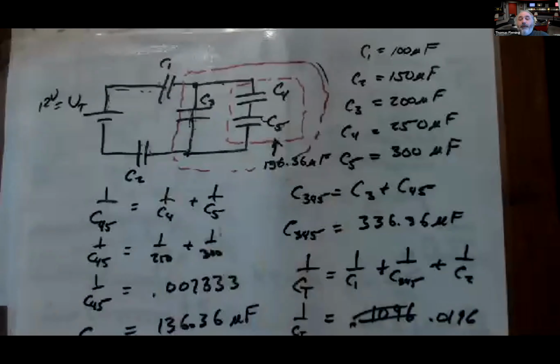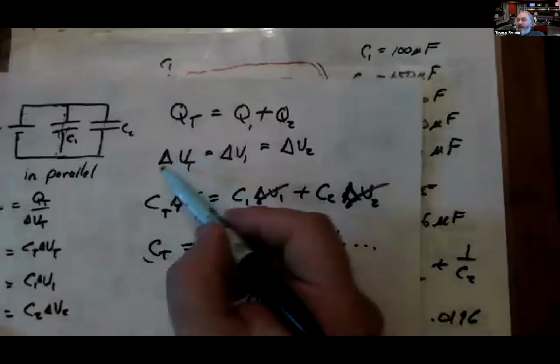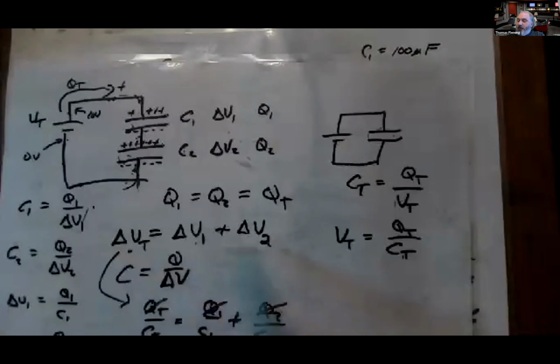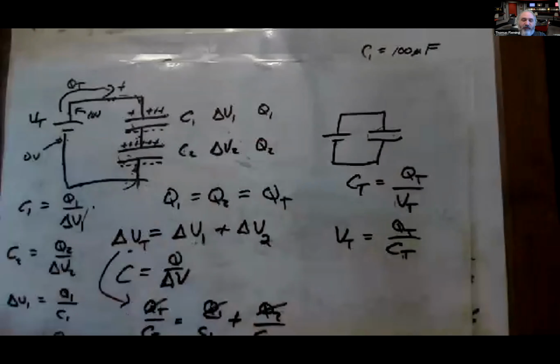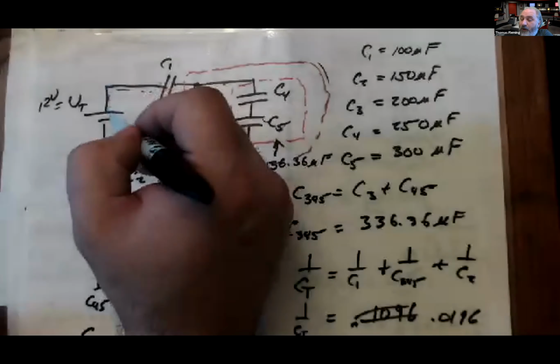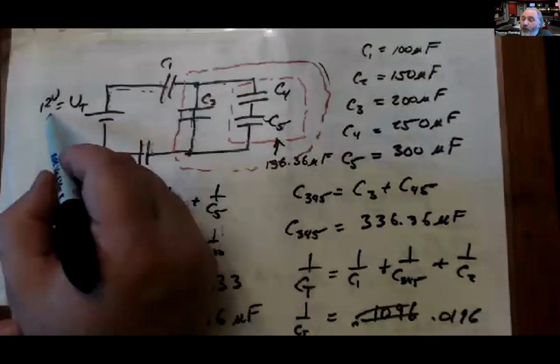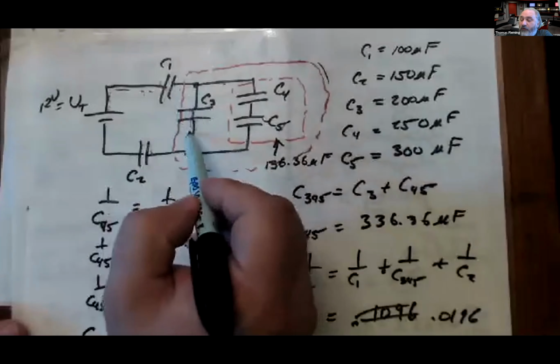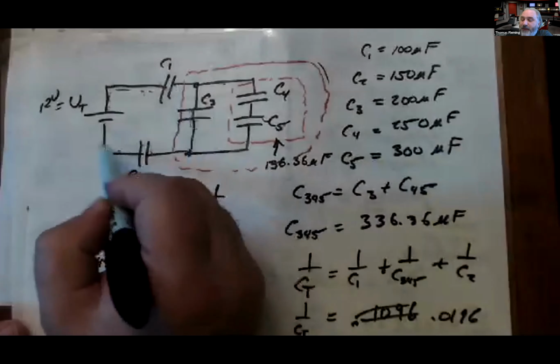The loop rule says that all the voltages have to add up to V total, right? We saw that here and here. If I went around a loop, all these V's added up to V total. That's going to be true no matter how complicated the circuit gets. So, if I go around this loop here, if this is 12 volts, I'm going to drop V1 across this, V3 across this, and V2 across this, but I've got to get back to 0.